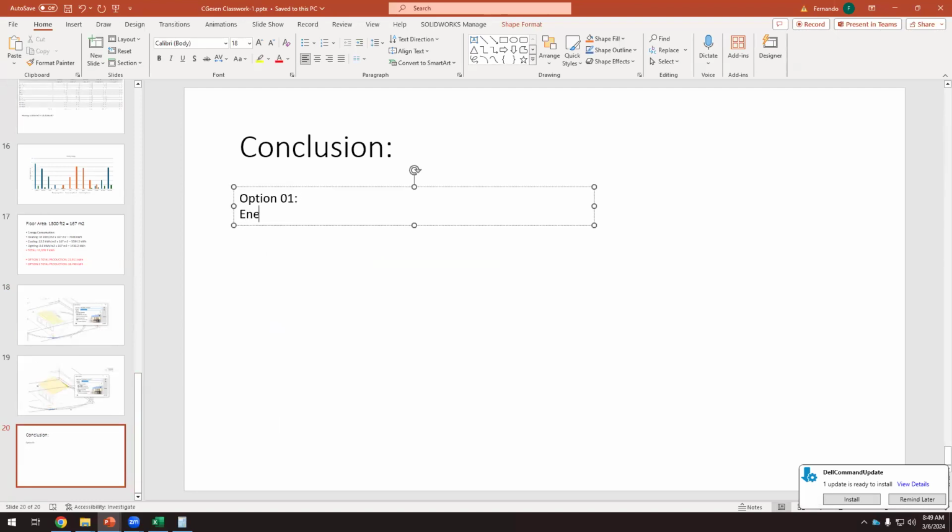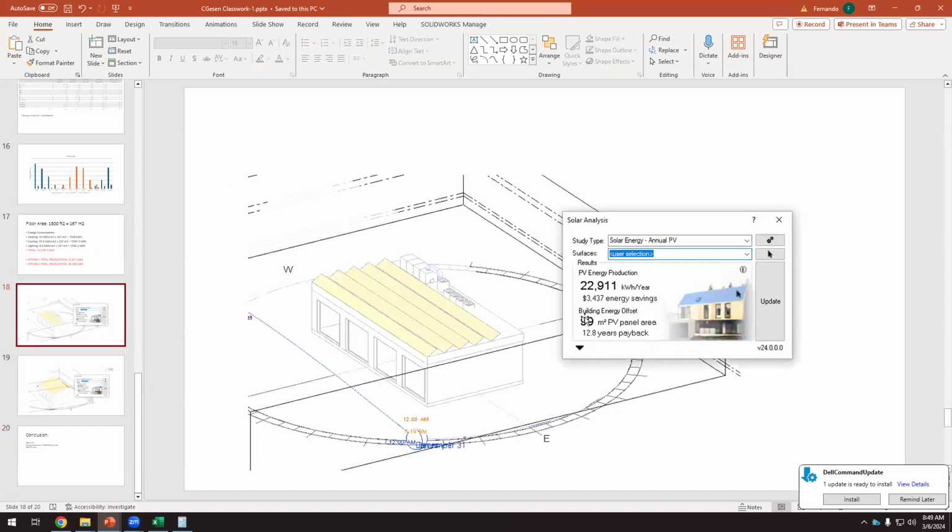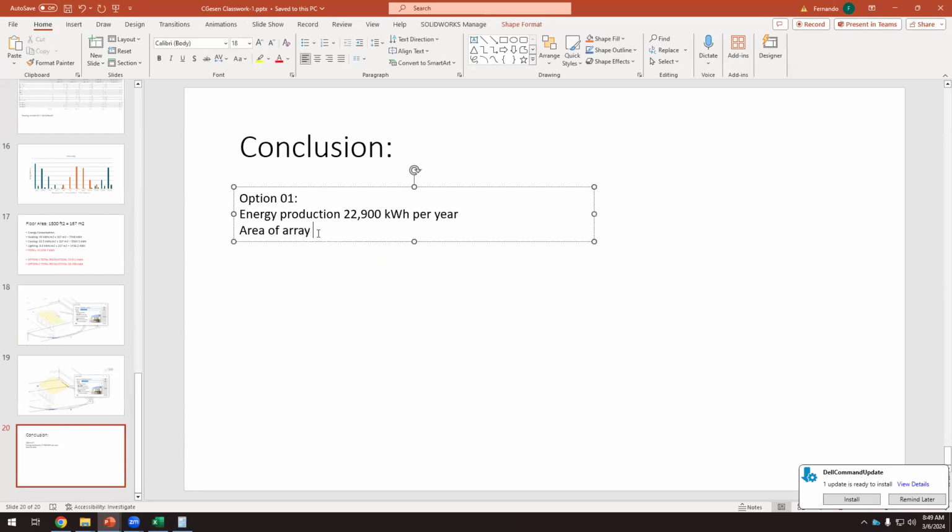So energy production is 22,900 kilowatt hours per year. The area of the array is 99 square meters. Okay, so this is the area of the PV array. So we have 99 square meters.